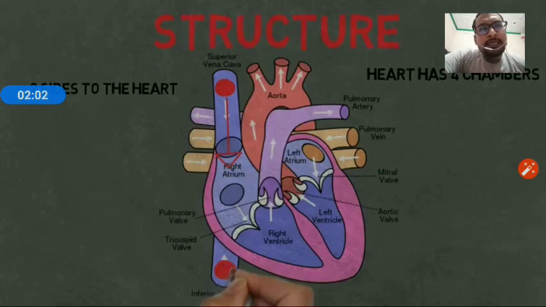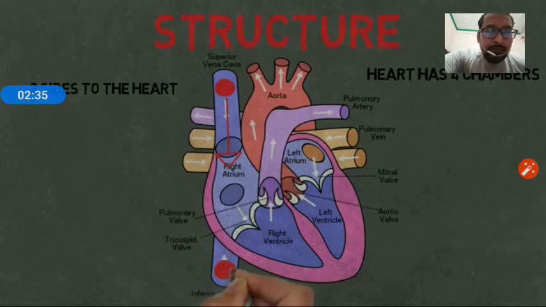The pulmonary artery sends the blood to the lungs, and the lungs purify the blood; exchange of gases happens. Then the pulmonary vein brings that oxygenated blood from the lungs to the left atrium or left auricle of the heart, and then to the left ventricle.